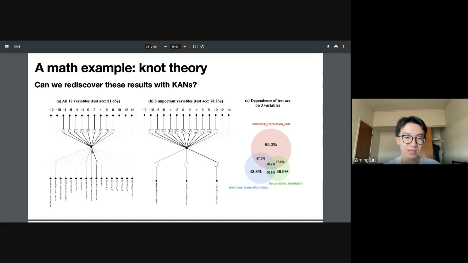You can use a simple KAN to do the task, and you can tell the importance of these variables from the visualization of KANs. You do not even need those attribution methods. You just look at the KAN plot, and the strength of the connections indicates the importance of these variables.